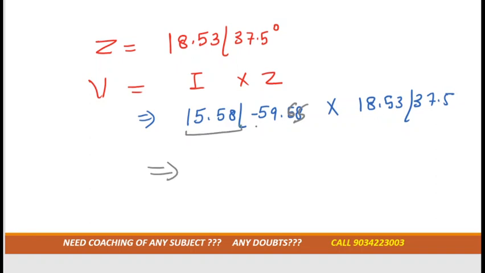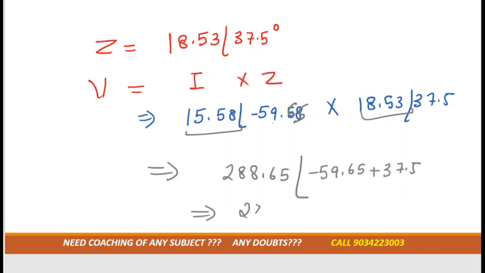So you can multiply the real term with the real term, means 15.58 multiplied by 18.53. So you will get 288.65. And for multiplication, the angles we need to add: minus 59.65 plus 37.5.